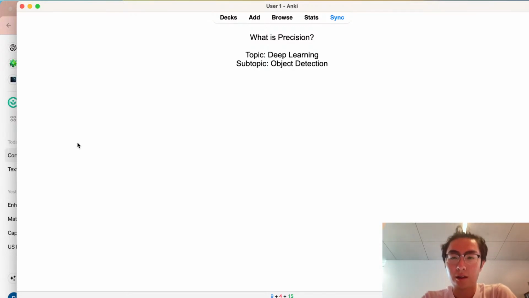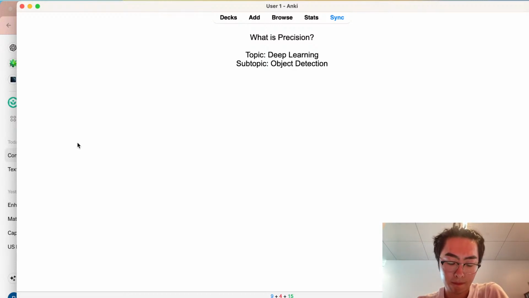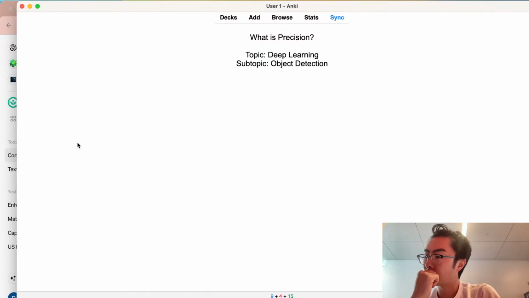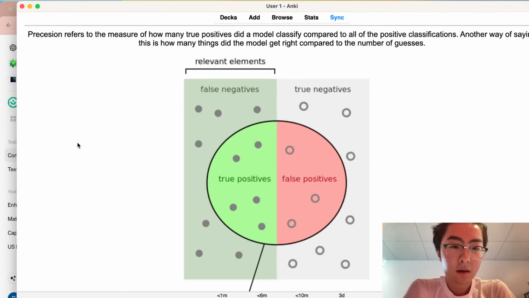I think precision then is a measure of the true positives that you make relative to the true positives and true negatives that exist in the... or maybe false positives. Let's see. To all of the positive.